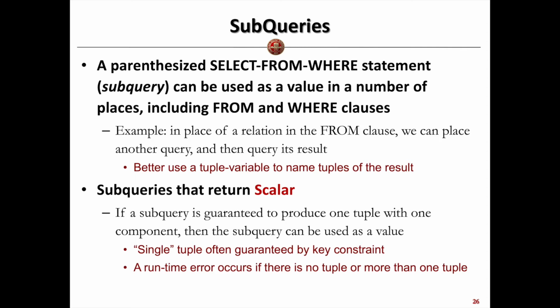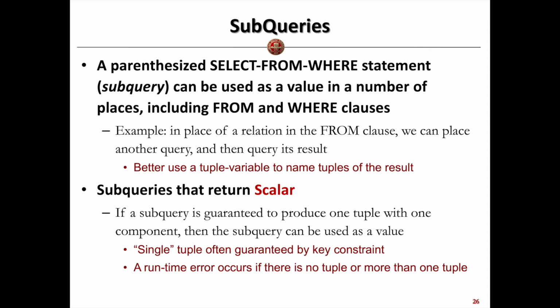If so, then we need to introduce another very important concept. It's called a subquery. A parenthesized select from where statement, the subquery, can be used as a value in a number of places, including both the from and the where clause.